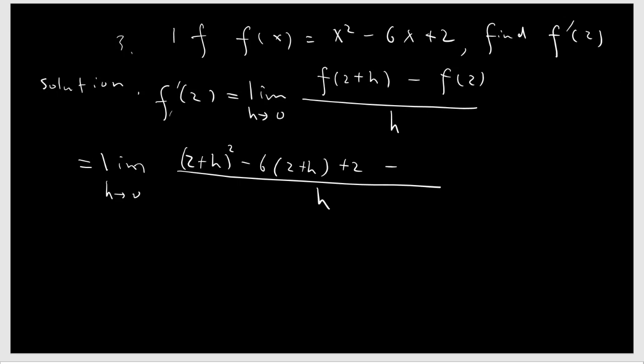Now let's do it separately here. The value of the function at 2 is equal to 2 squared minus 6 times 2, I think you have 12, and then plus 2. Anybody want to tell me this value? 4 minus 12 plus 2.